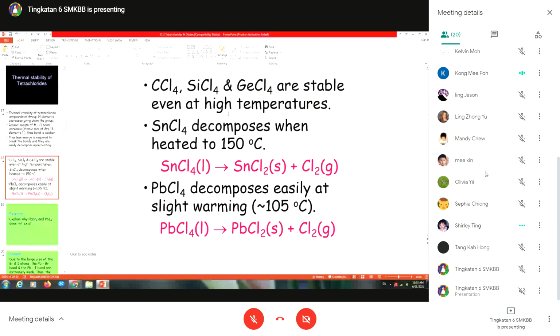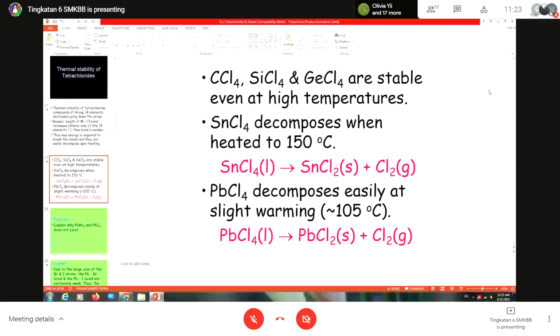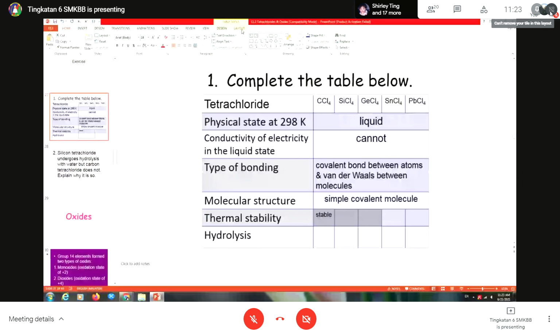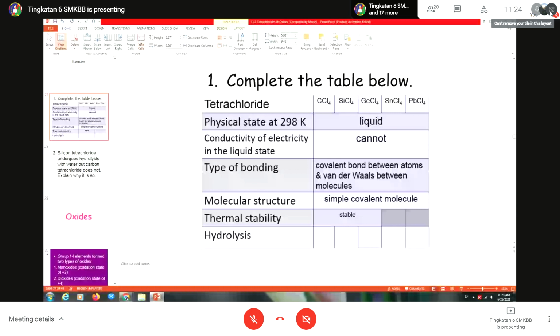See the word, right? There. This whole slide, all the answers are in there. Get that, please. Pay attention. So for this one, that means these three are stable. Save time, isn't it? So the other two would be decomposed under high heat. Okay, that is how you should fill in that.